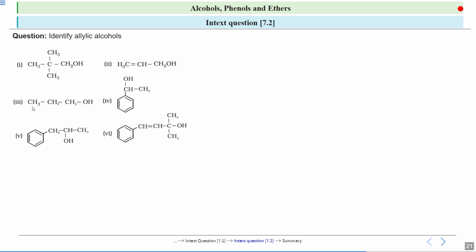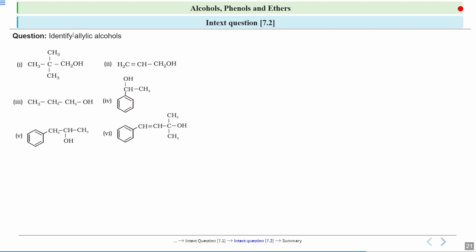Third is CH3, CH2, CH2OH. Fourth, benzene ring attached to CHOH, CH3. Fifth, benzene ring attached to CH2, CHOH, CH3. And the sixth, the benzene ring attached to CH double bond CH, CH3, CH3OH. So these are the six different alcohols given.